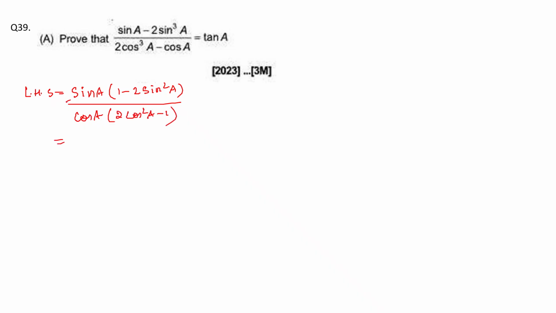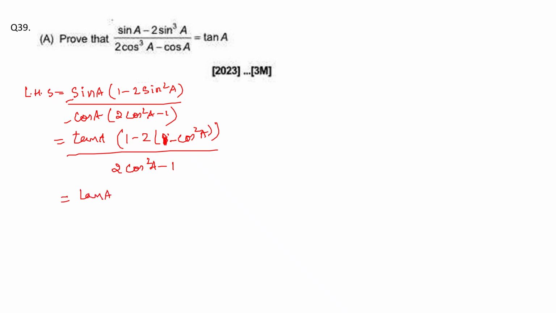Sin A by cos A is tan A. And then 1 minus 2 sin square A, again I am going to write in the form of cos. So it will become 1 minus 2 into (1 minus cos square A) divided by 2 cos square A minus 1. So tan A in the bracket, now 2 into 1 is 2, and minus 2 into minus cos square A is plus 2 cos square A, divided by 2 cos square A minus 1.